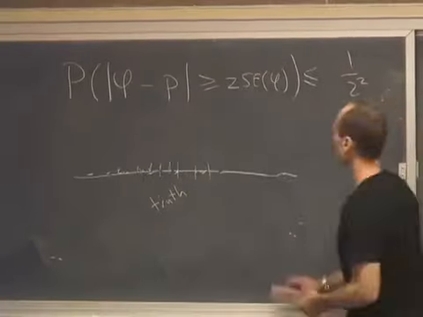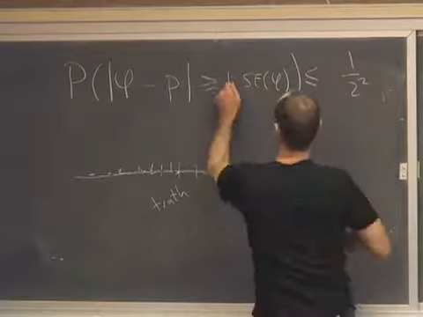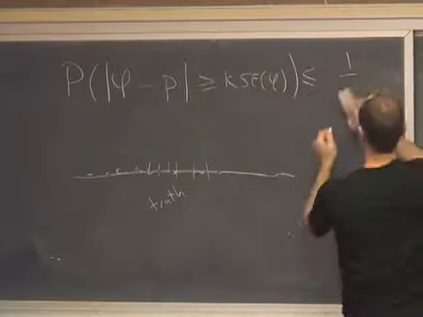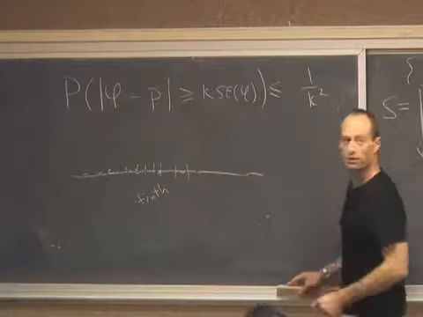In general, the chance that it's more than k standard errors away is at most 1 over k squared.